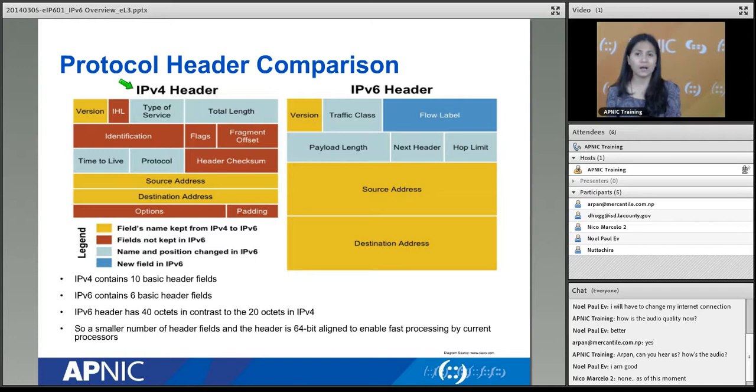Now time to live is a timing parameter. It is in seconds, milliseconds, nanoseconds. And although we'll try our very best to make it the same for all the routers, for all the machines that your packet goes through, you can be sure that there are minute differences between them.